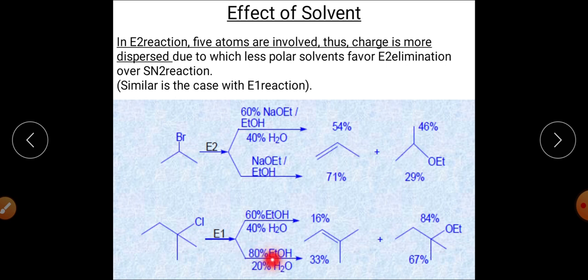When you have a solvent with less polarity, you can see that elimination is increased from 16% to 33%, whereas the substitution ratio is decreased from 84% to 67%. So this is how the elimination versus substitution ratio will change according to the solvent.